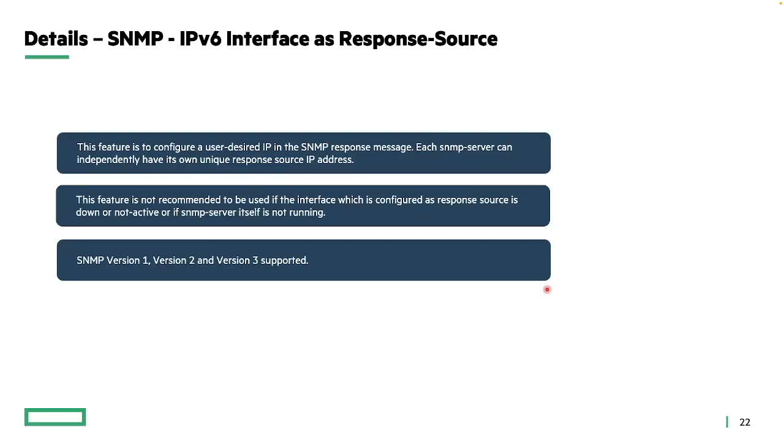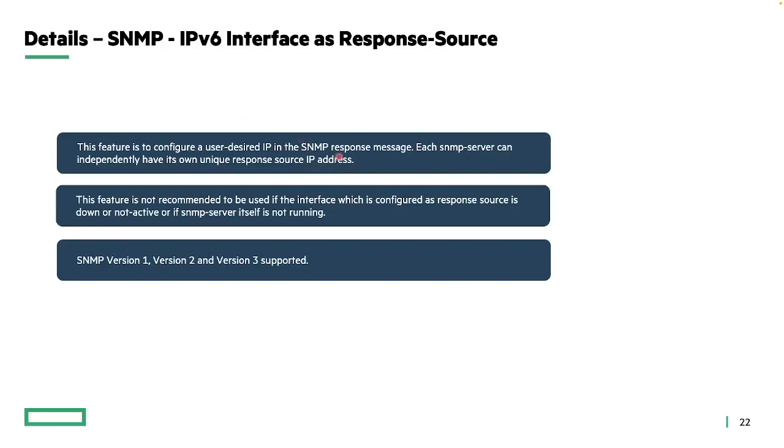Further, getting into another enhancement, talking about the response source being an IPv6 interface. This feature is to configure a user-defined IP in the SNMP response message. Each SNMP server can independently have its unique response source IP address with this feature, and that source IP address can now be IPv6.